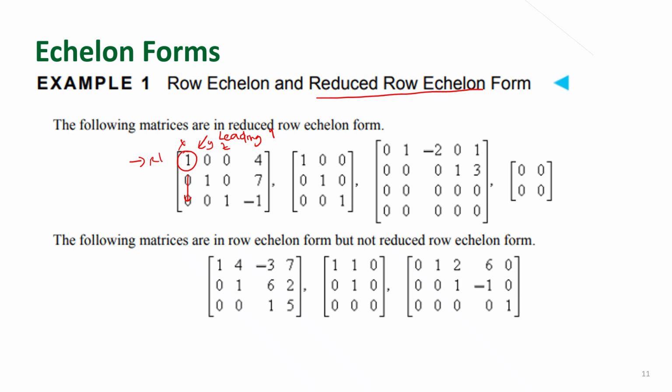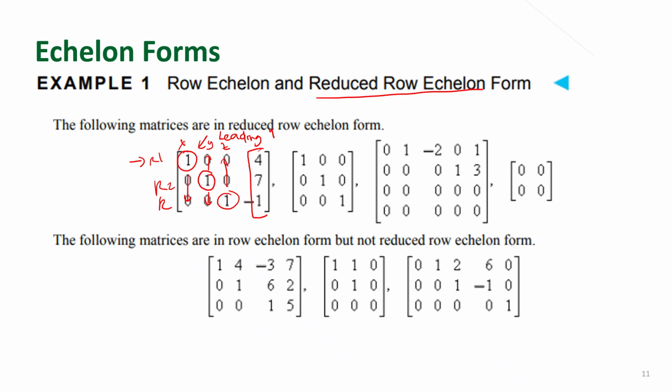It looks like this. For the second row, the leading one is this one, and all the values above and below are equal to 0. And then the third row is this one, and the others will be 0.